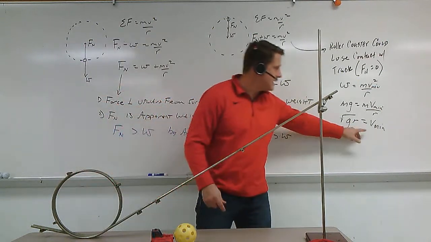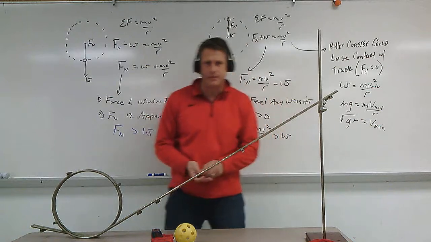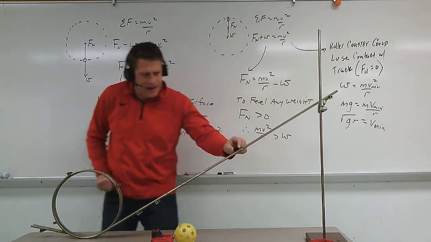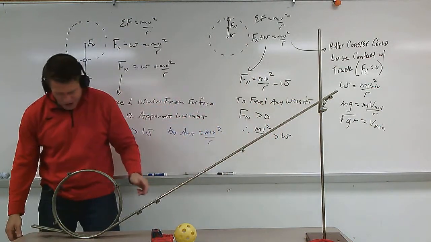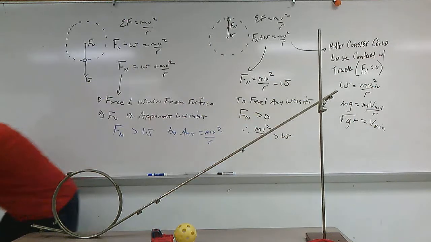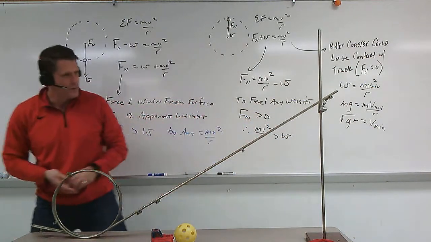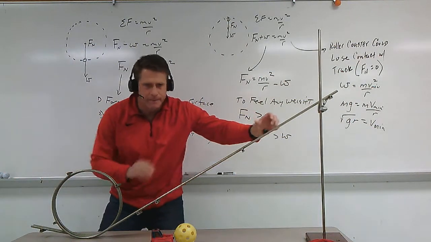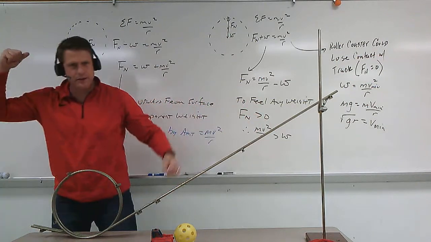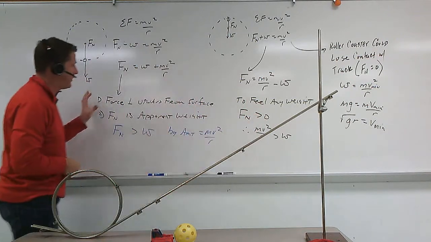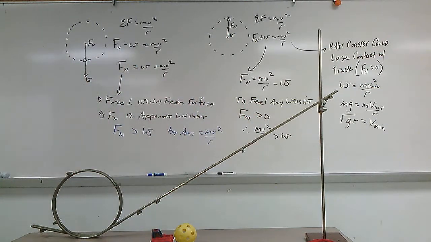Because its speed is not equal to that minimum. So we can find a spot on this ramp where it just barely makes it over. We just keep getting, yeah, we're almost there. This is the spot where it just barely makes it through. And the math that's associated with that is the same as the math that's associated with the wiffle ball on a string.